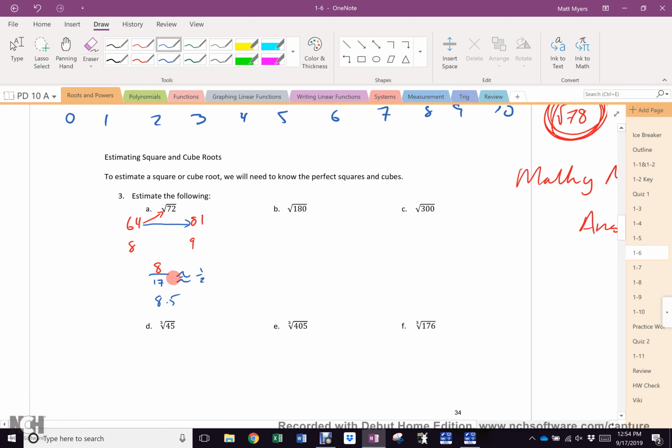So you could do a whole bunch of mental math in your head using either 8 or 9 and come up with a good guess for what the answer might be before you go mathy equals. Everybody understand? Your job is to do B, C, D, E, and F.